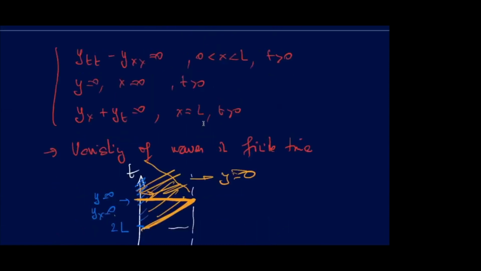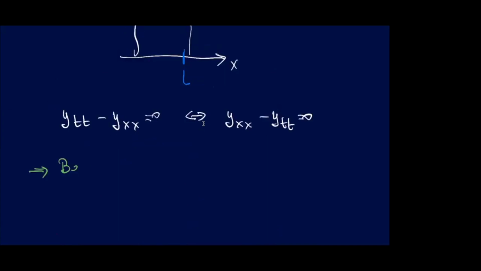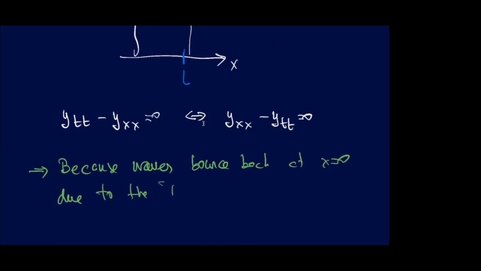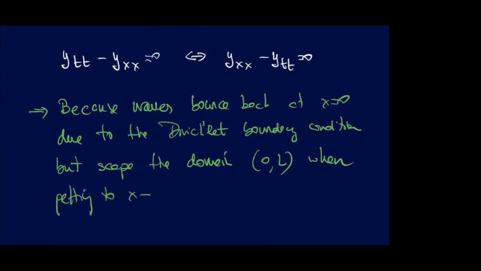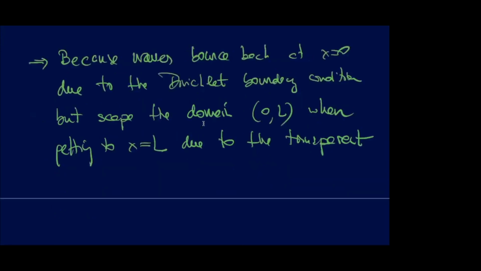So in this particular case, what we see is that waves bounce back at x equals 0 due to the Dirichlet boundary condition, but escape the domain 0 to L when getting to x equal L due to the transparent boundary condition.